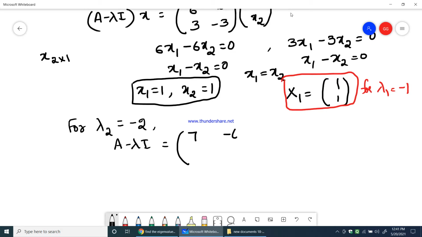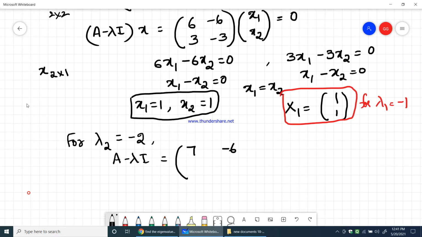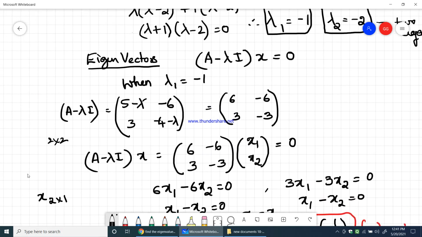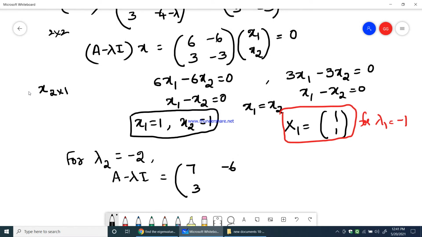This is minus 6, because I am substituting minus 2 in the place of lambda. Then this is 3, this is 3, then minus 4 minus of minus 2 is minus 4 plus 2, which is 2.